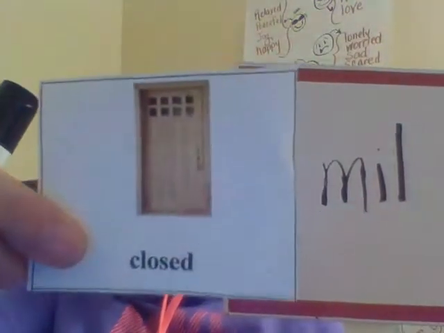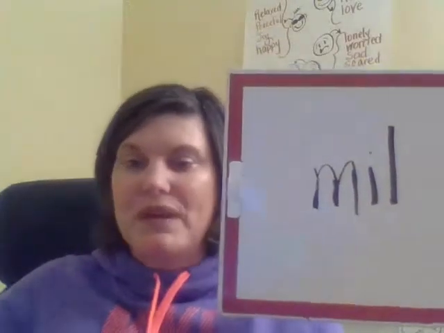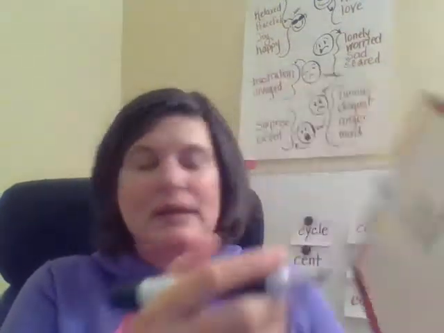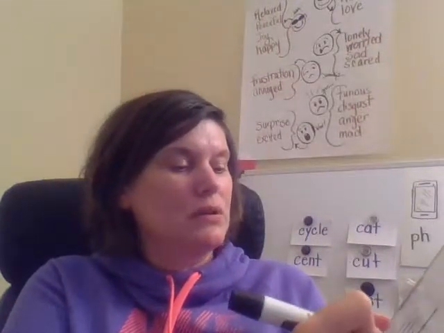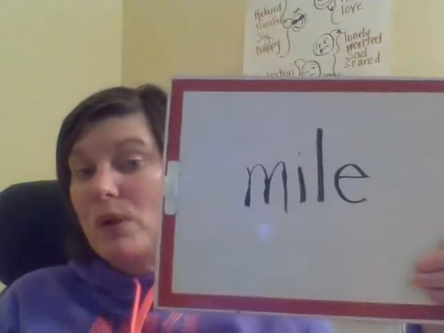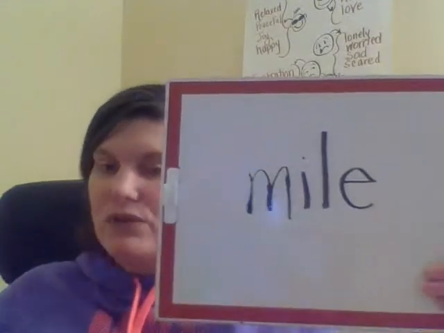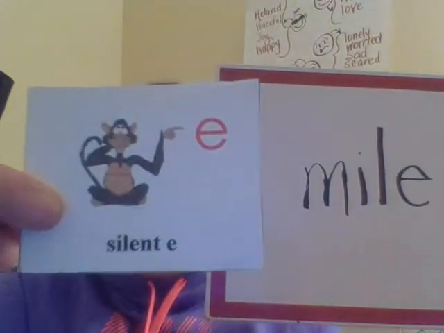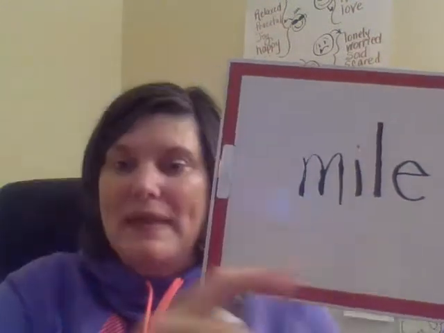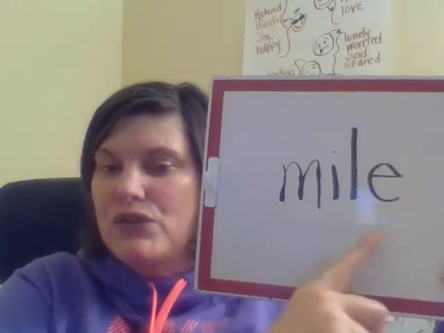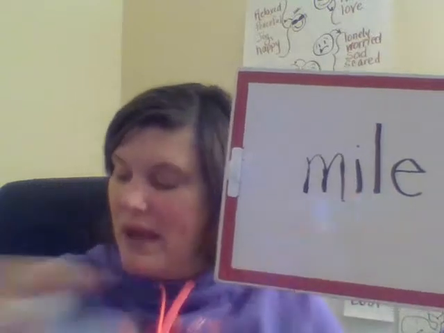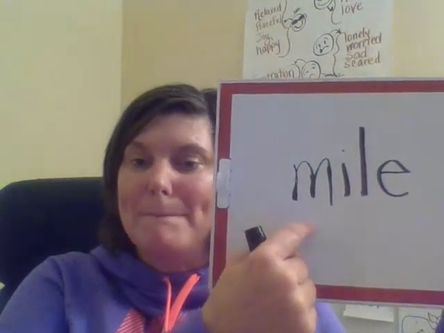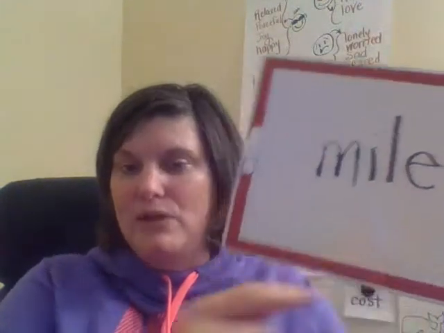Yep, it's a closed syllable, which means we have a short vowel sound. Ready? Mill. Mill. Now, let's transform it one last time. What do you notice? There's an E at the end. When you see an E at the end of a syllable, the E is silent and it is teaming up with this vowel so that it will make a long vowel sound. So this would be mile, mile.